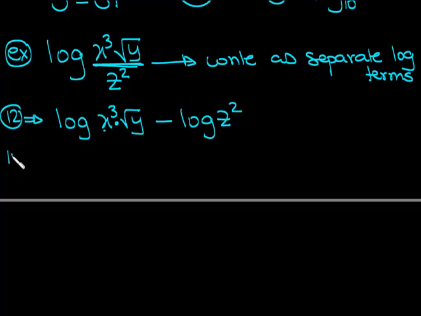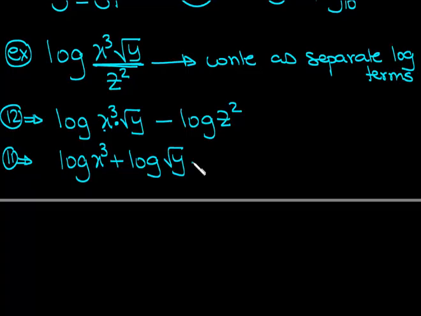Now I'm going to use property 11, which tells me that if you have a product, write it as log of the first plus the log of the second, minus log of z squared still. So we used the product property over here. Now we're going to use property 9, which tells me that if you have an exponent, that exponent can come in the front. So I get 3 log of x.